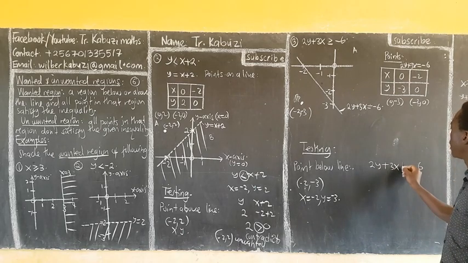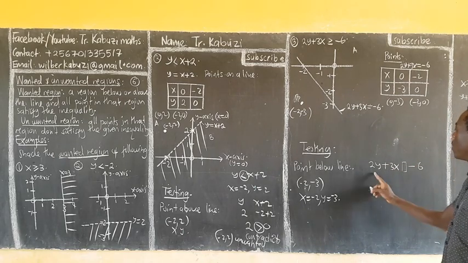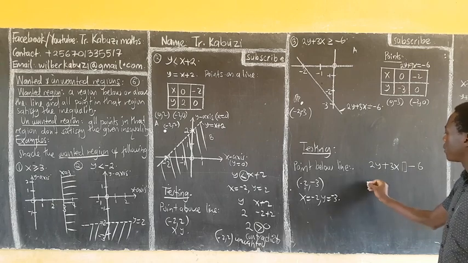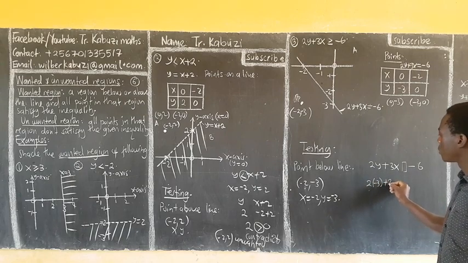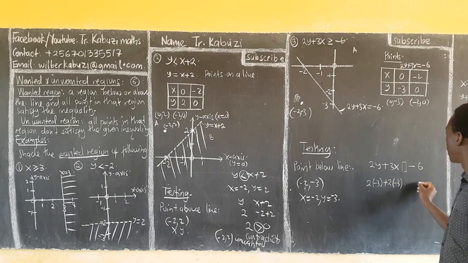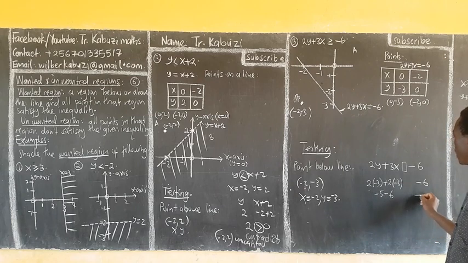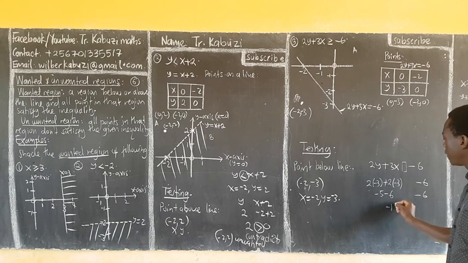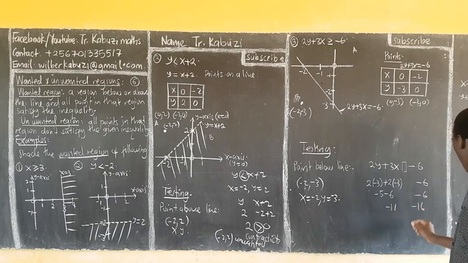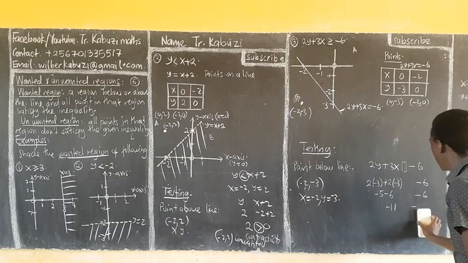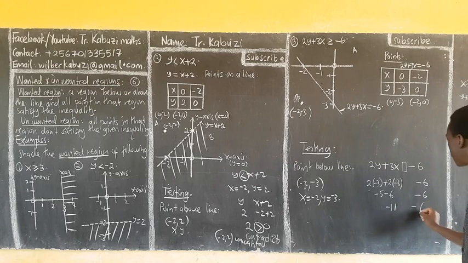We want the sign here. So our y is negative 3, so we have 2 times negative 3, then plus 3 times negative 2, then negative 6. So this will be negative 6 minus 6, I mean negative 6. So here I have negative 11, here negative 6. Sorry, this is negative 6.